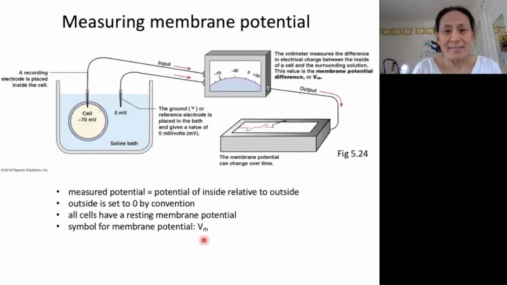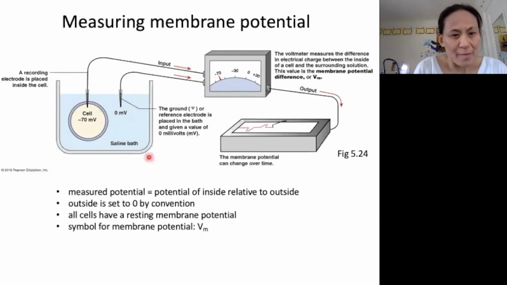Now, as scientists, we can measure membrane potential using electrodes. If we put one electrode outside of the cell and another inside of the cell, and we hook it up to a machine called a voltmeter, then we get a reading. So here we have this reading, -70 millivolts. What is it telling us? Basically, it's telling us what the potential is inside of the cell relative to the outside.